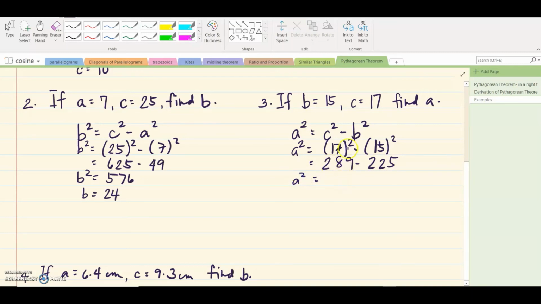So that is a squared equals 289 minus 225, which is 64. And take the square root, so a is equal to 8.